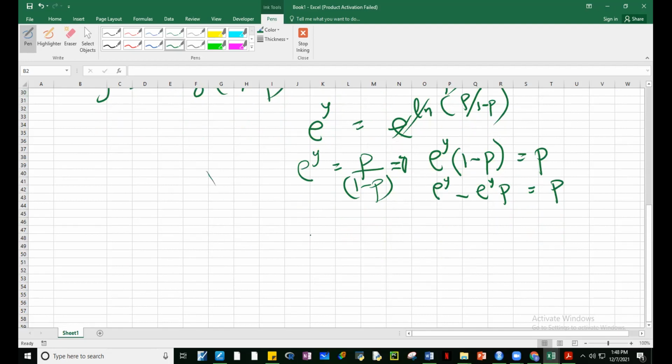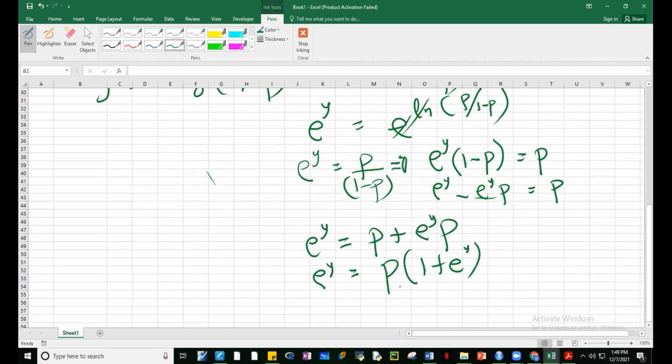Then we can put e to the y now is equal to, transpose this to the other side, P plus e to the y times P. Therefore, we have e to the y is equal to P times 1 plus e to the y.